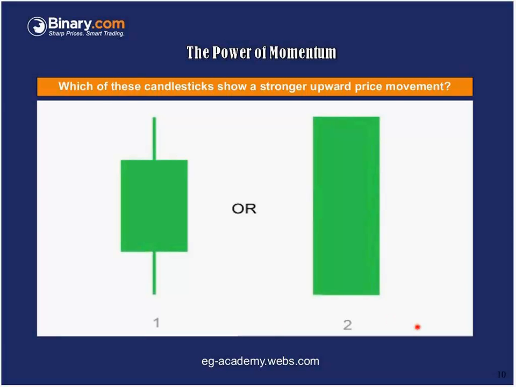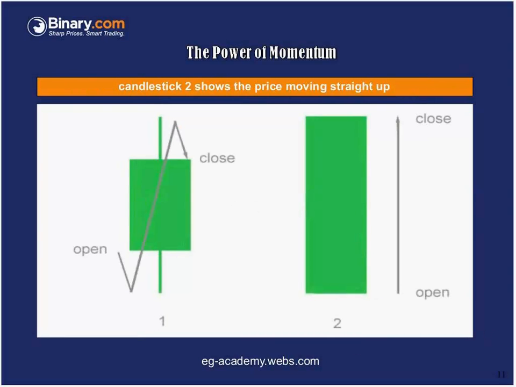Also, candlestick 2 shows a higher closing price. Here's an example of how prices moved. Can you see how candlestick 2 shows the price moving straight up? This is an indication of a strong upward momentum.